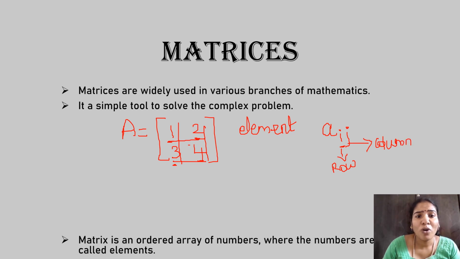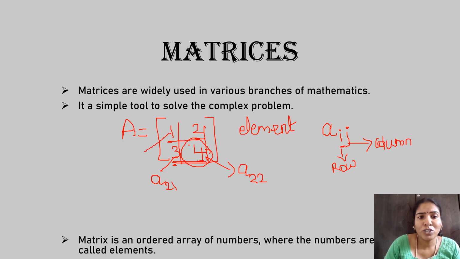Okay, so what is the position of element 4? Tell me, it is in which row and in which column? See, it is in the second row and second column, so the position of this number 4 I can say is a in second row, second column. Now tell me, for 3, the position of the element 3 is in second row and first column.